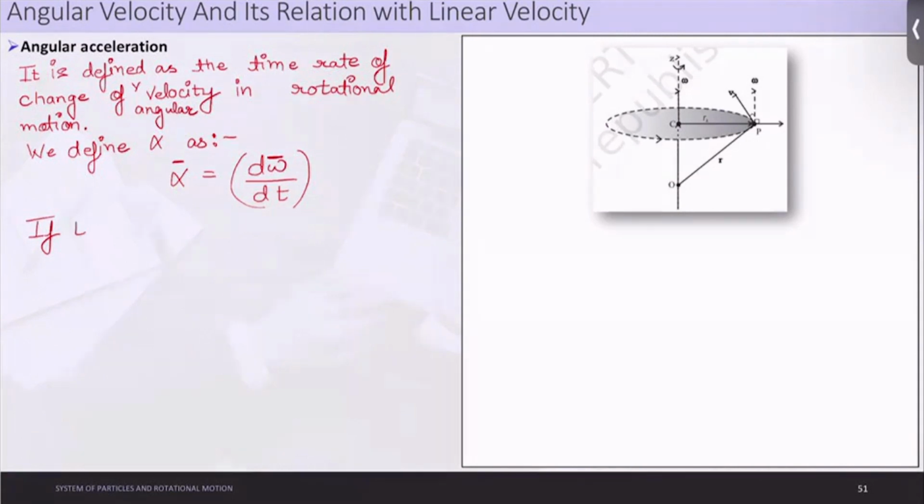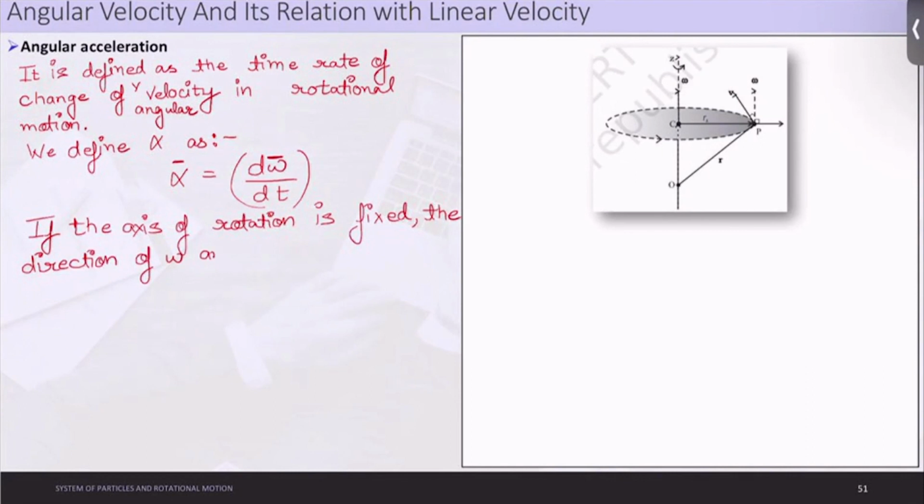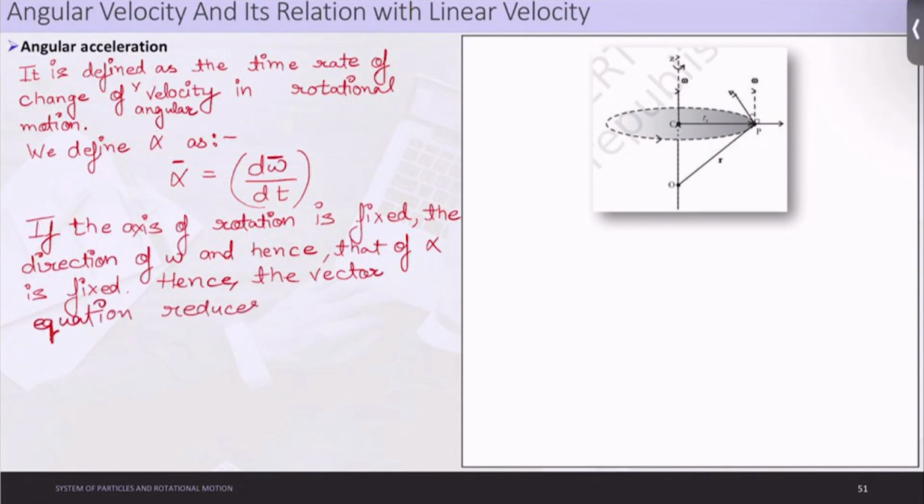If the axis of rotation is fixed, the direction of omega, and hence that of alpha, is fixed, because it's just d omega by dt, but the direction would be the same. Hence the vector equation reduces to a scalar equation.